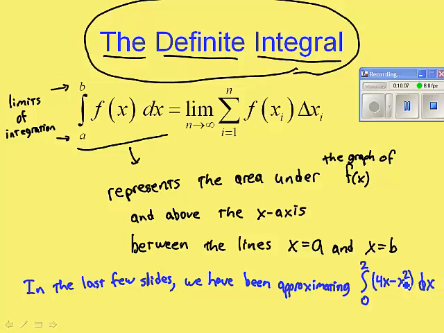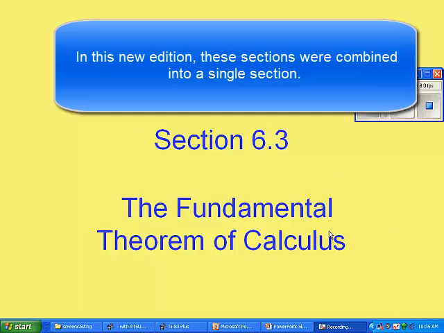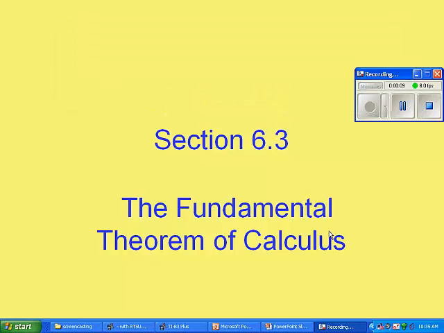And I guess when we come back next time, we're going to put together ideas from section 1, where you're finding antiderivatives, with ideas from this section, finding area under a curve, and that all comes together in what's called the fundamental theorem of calculus. Okay, that's how it all gets put together. So the fundamental theorem of calculus. What Newton and Leibniz are famous for.